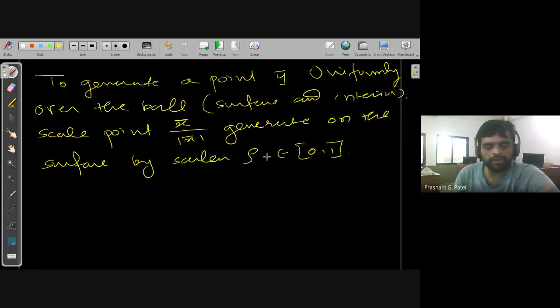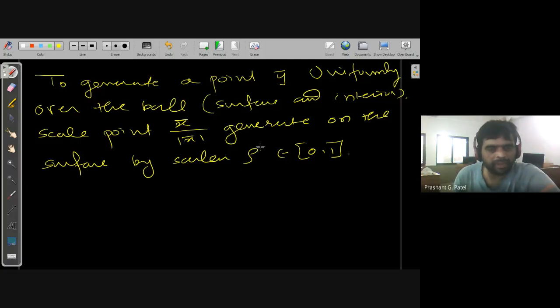What should be the distribution of rho as a function of r? It is certainly not uniform. This rho is not uniform even in two dimensions. Indeed, the density of rho at r is proportional to r for d equal to 2, and for d equal to 3, it is proportional to r square.